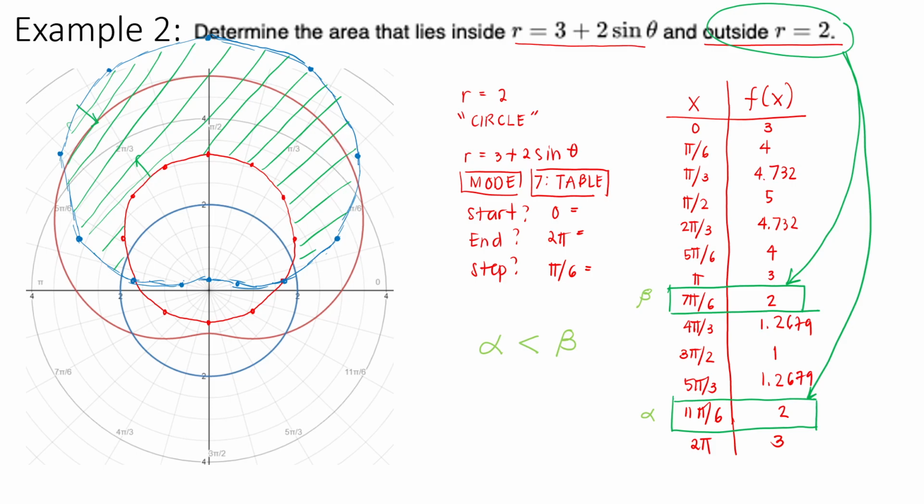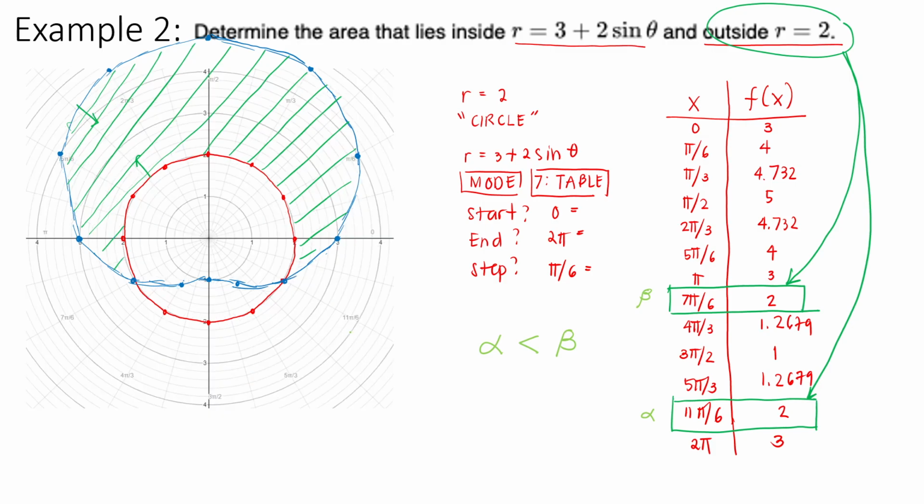It is always less than beta. But at this point, since alpha is bigger than beta, we need to manipulate it. So we get the negative counterpart of 11 pi over 6, which we solved earlier when we were determining the points of intersection through equating two equations. Because again, 11 pi over 6 is the starting angle here.